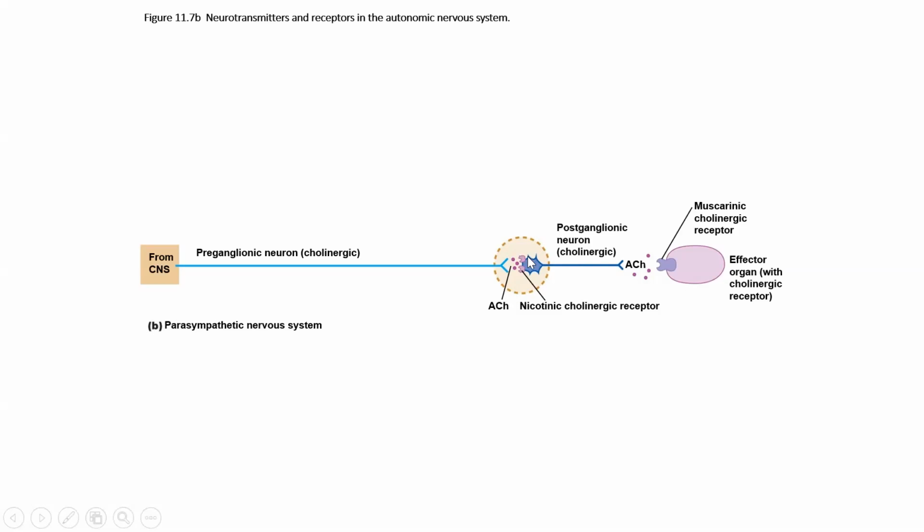Because this is a fast receptor, we're going to have a fast, immediate response of depolarizing the second neuron, firing an action potential that propagates down this postganglionic neuron and releasing acetylcholine. Whereas on the effector tissue, we're going to have a more slow, more customized response depending on exactly where this receptor is, what type of effector tissue. And we're also going to have the involvement of second messengers. And I'll talk about those second messengers in a bit. So we've got a fast response here and a slow response here at the level of the tissues.